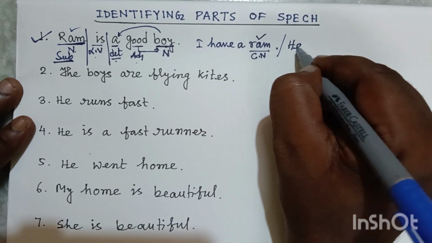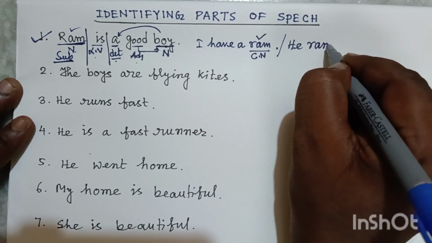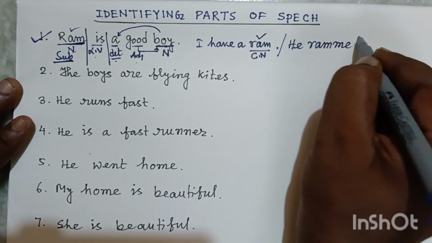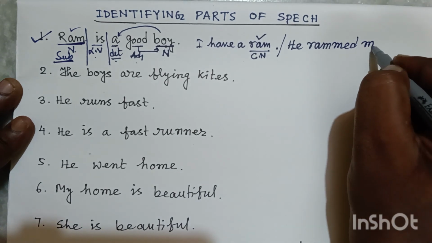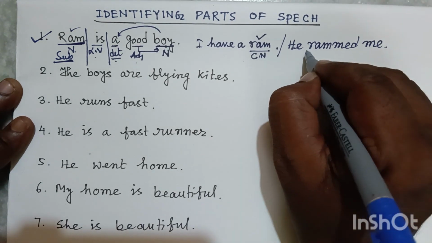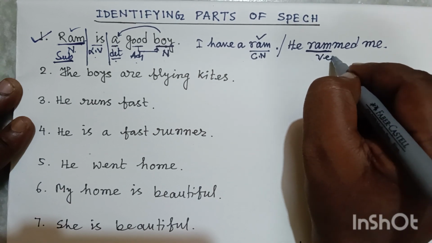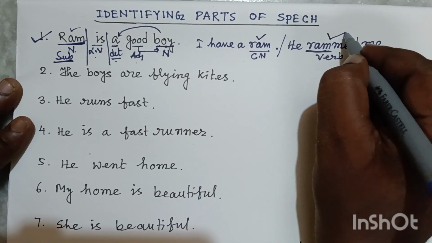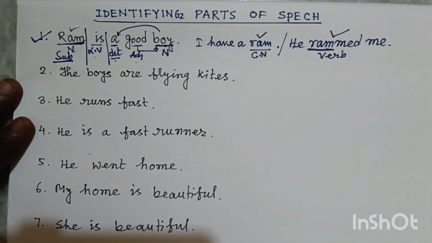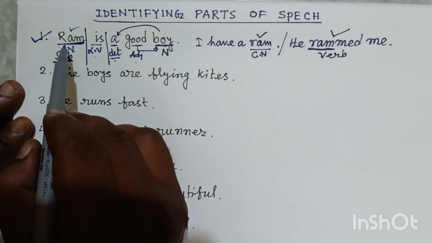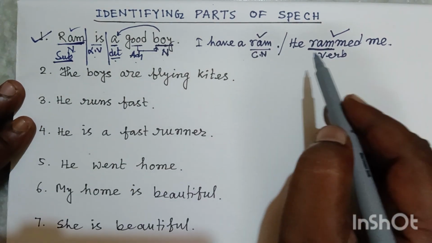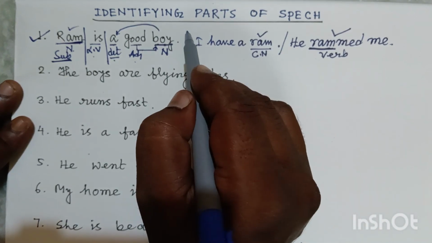Again, we can use it in this way: He rammed me. Friends, here we have used the same word RAM. Here it is a verb. Ram means to dash. That means you can see the words may be used in different parts of speech.